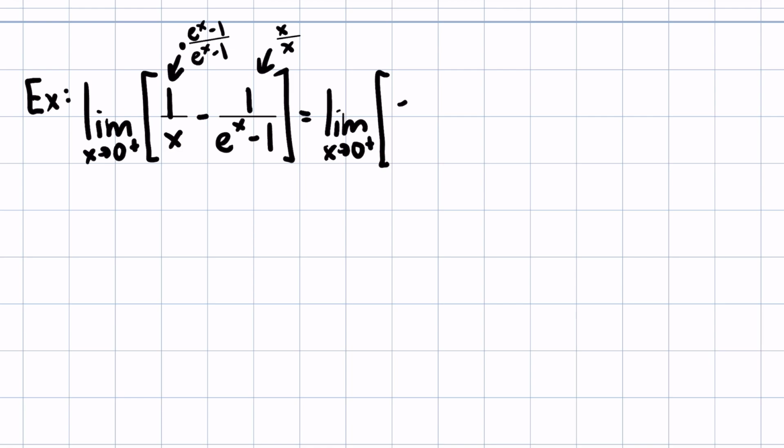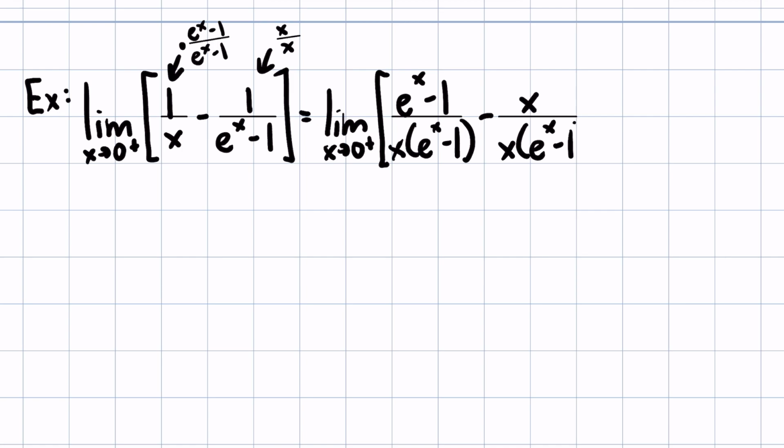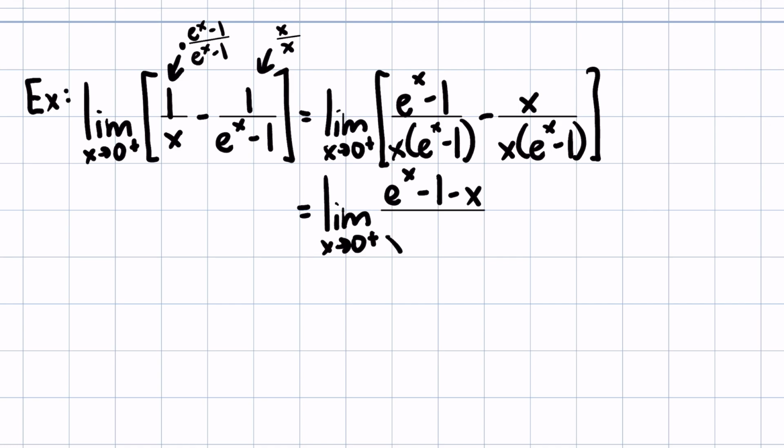So we're going to have e to the x minus 1 over x times e to the x minus 1, minus x over x times e to the x minus 1. Now we can combine these into one fraction because they have the same denominator. So it'll be e to the x minus 1 minus x over x times e to the x minus 1.